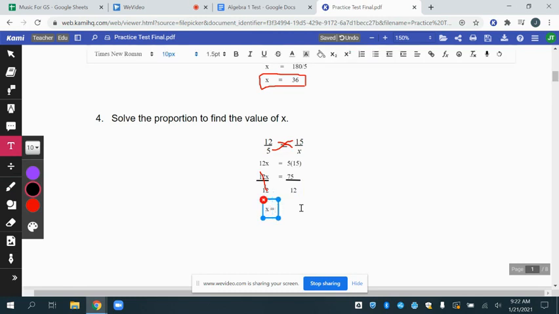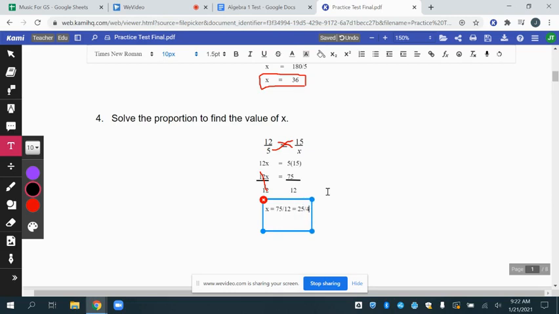X equals 75 divided by 12. I would accept this almost, although I would prefer that you simplify it. We notice that what goes into both of those, 3 does. If I divide them both by 3, I get x equals 25 divided by 4.